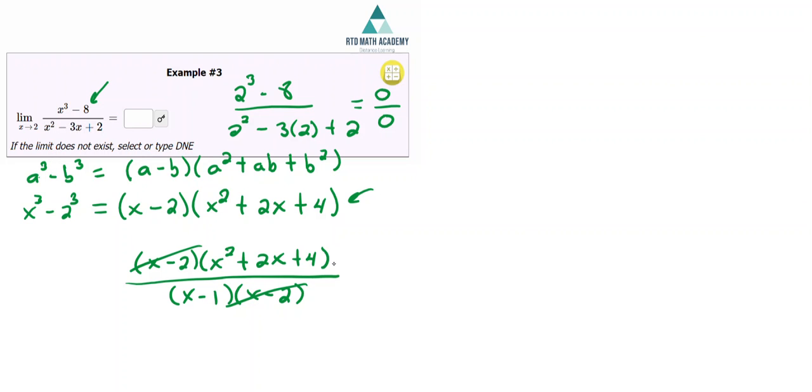So now if we find the limit of what's left here, it's probably not going to be a 0 over 0 scenario. So now let's throw that in. So we'll say, okay, the limit as x approaches 2 of, and what's left was x squared plus 2x plus 4 over x minus 1. So now let's see if we can sub in 2 and see if we can find the limit.